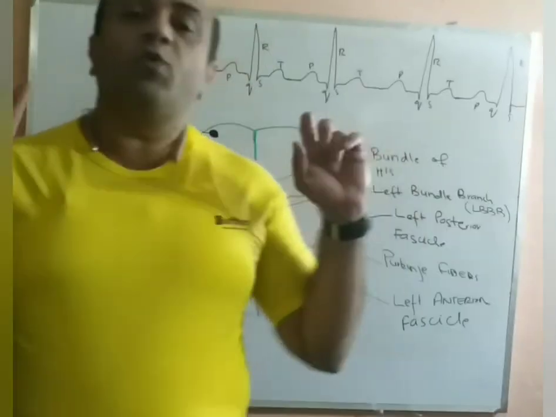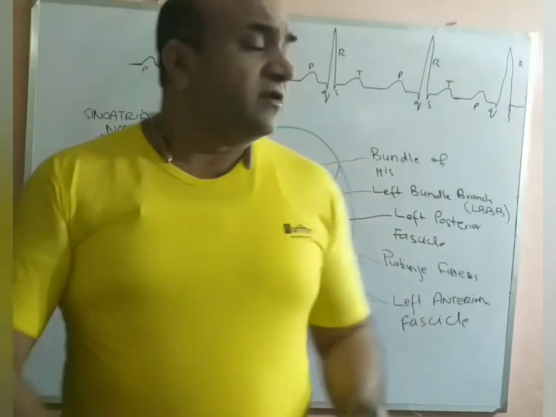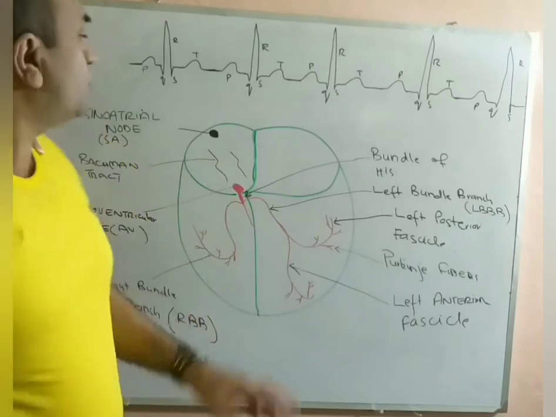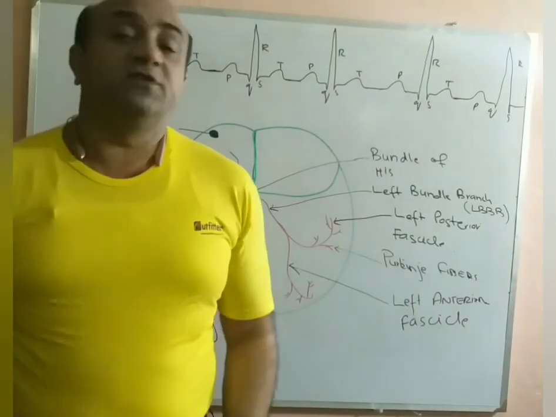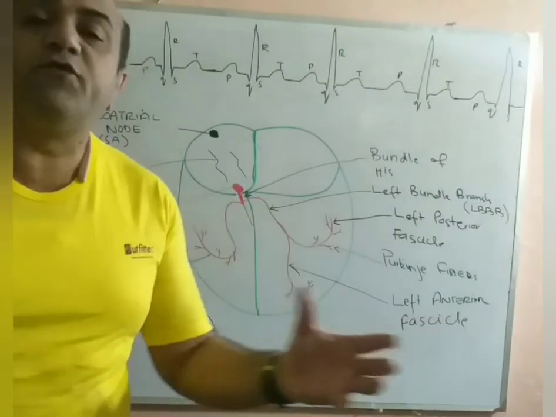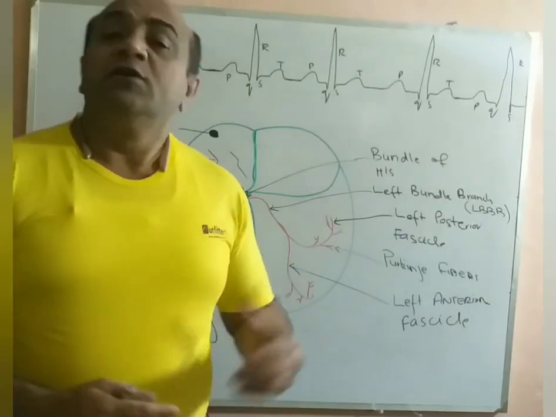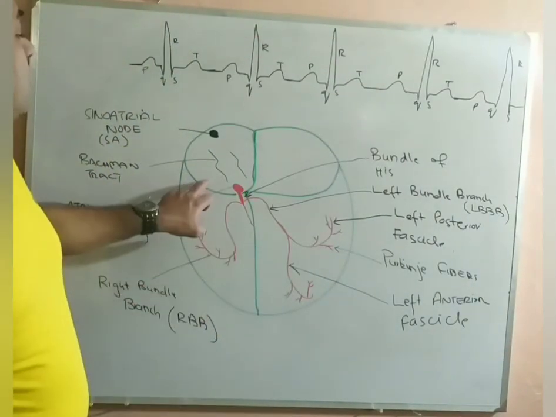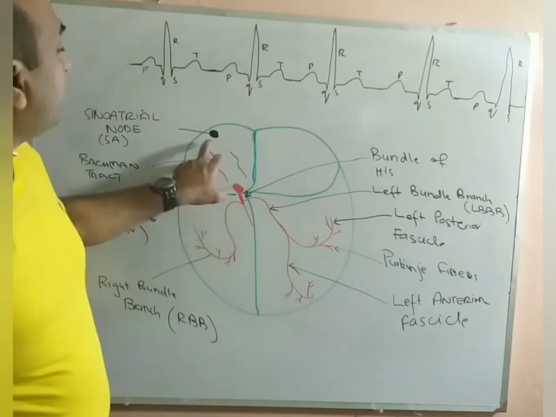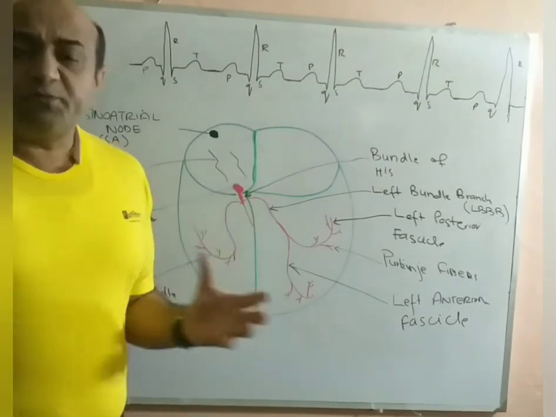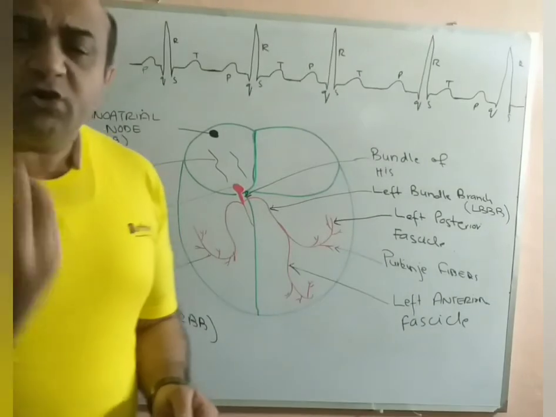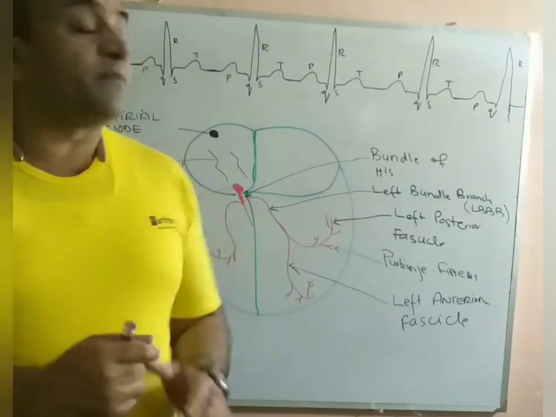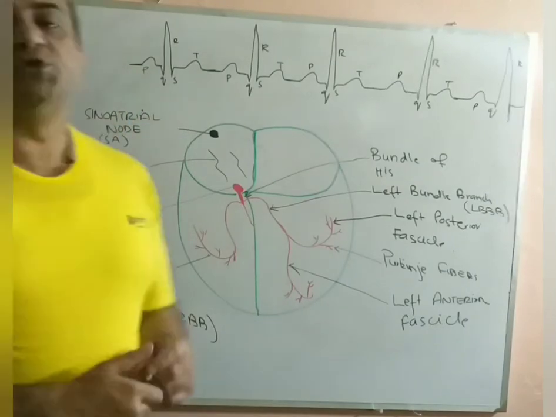But keep one thing very important in mind, that the generation of the P wave has got nothing to do with the AV node. This is an event which happens well before the entry of the impulse through the AV node. So P will be generated at a rate which is dictated by the SA node, or the sinoatrial node. The problem is with the entry of the impulse from the atria to the ventricle, an event which happens after the generation of the P wave.